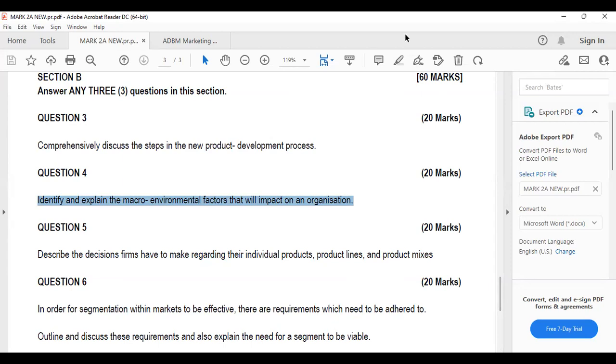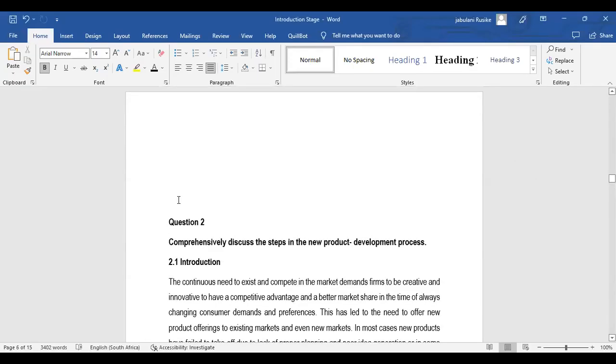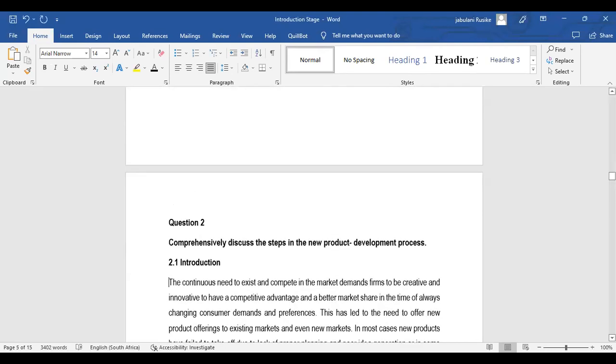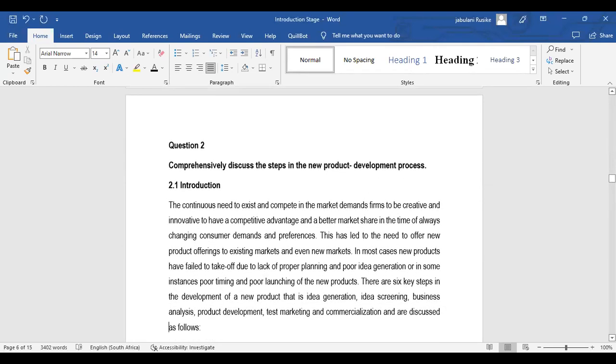This is a very, very easy question, but please don't take it lightly. Approach each question without underrating it. Okay. So basically, like I always say, when you're writing an essay or even an exam, the structure remains the same. You start with your introduction, right?